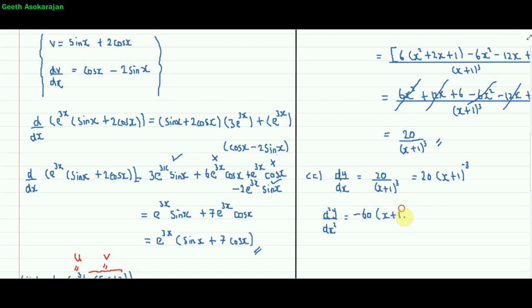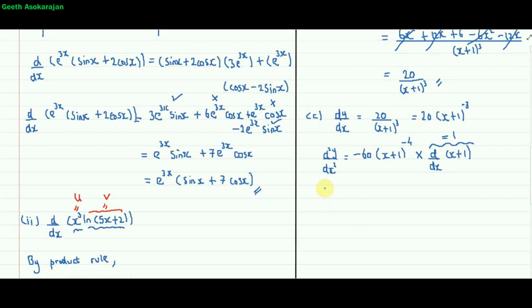If I subtract 1 from the power, minus 3 minus 1 is minus 4, multiplied by the derivative of x plus 1. And if I go one stage further, when I differentiate x plus 1, we'll get 1.